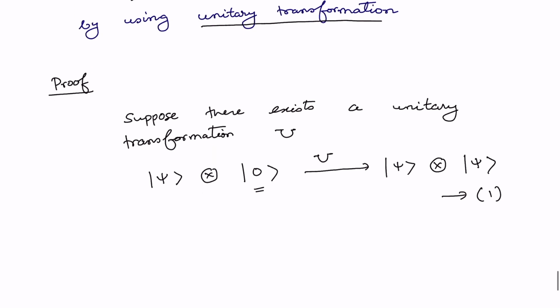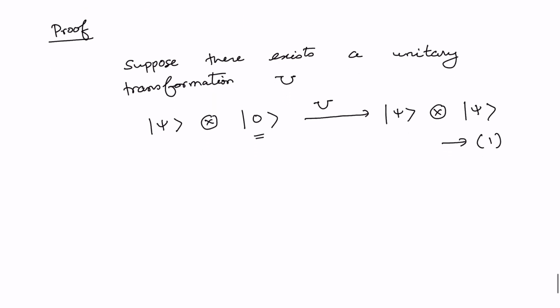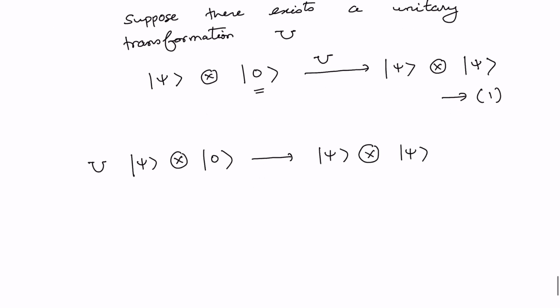If such a unitary transformation exists, then let me write it again. We can write this state |ψ⟩ into the blank state, and we'll have |ψ⟩⊗|ψ⟩. Or suppose we have another state, say |φ⟩. If this unitary transformation exists, then we can copy that also. We can write that into the blank state.